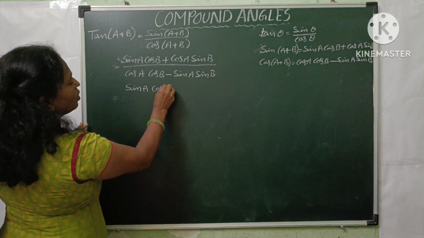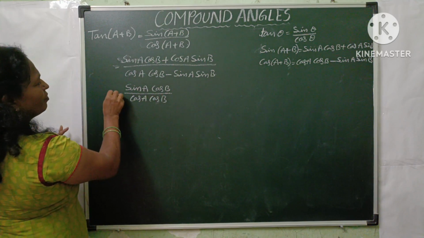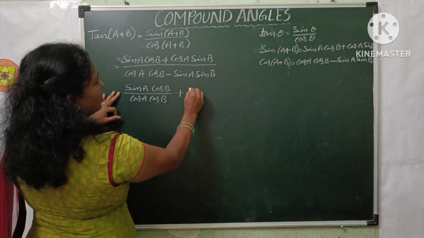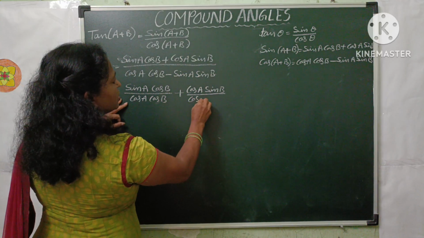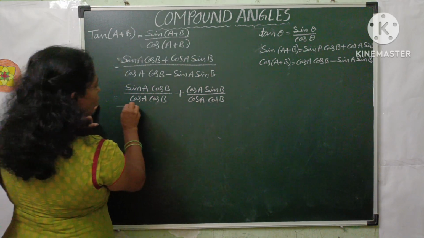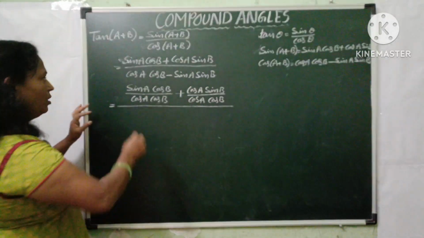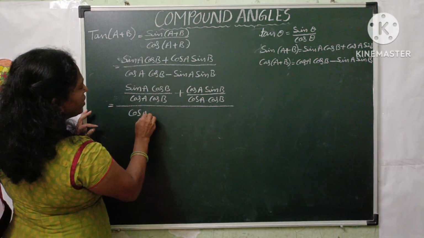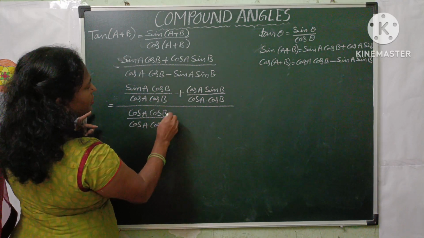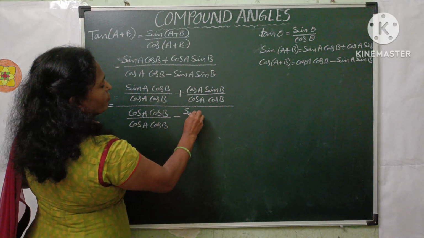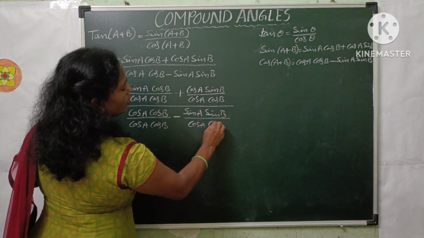Now sin a cos b by cos a cos b plus cos a sin b by cos a cos b, whole by, in the denominator, cos a cos b by cos a cos b minus sin a sin b by cos a cos b.